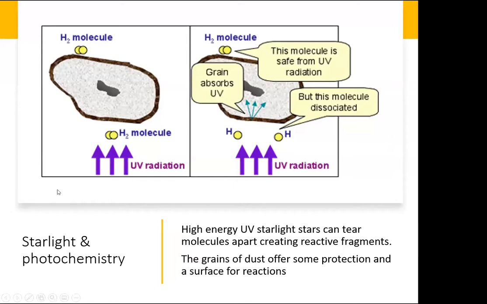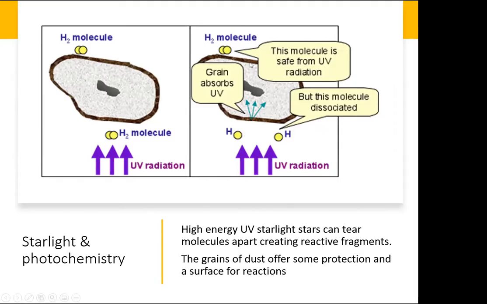Normally in outer space, there's an enormous amount of ultraviolet radiation. We're protected from it on Earth by the overlying ozone layer in our atmosphere, but the conditions beyond the atmosphere are very harsh, and molecules like hydrogen, H2 here, will get hit by the ultraviolet radiation and split up into two separate atoms.